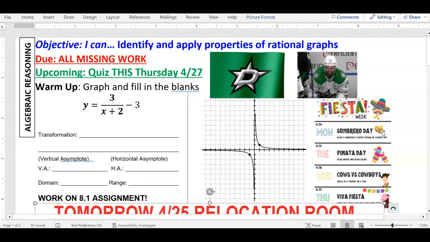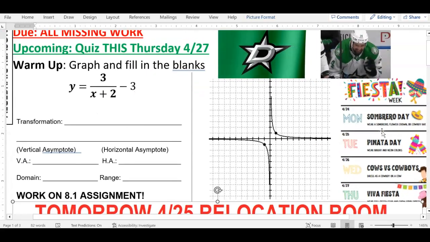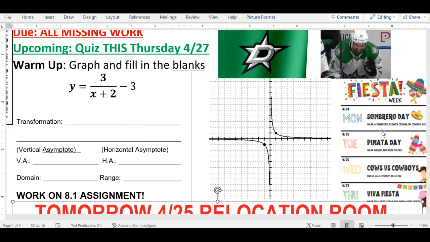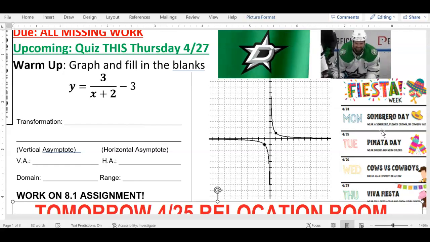Here we go. Now, this is called a rational graph because the x is in the bottom of the fraction, in the denominator, okay? Now, if there's a number on top that's not 1, does everyone agree that 3 is not 1, right? Since it's bigger than 1, that's going to be a vertical what? Stretch or compress?